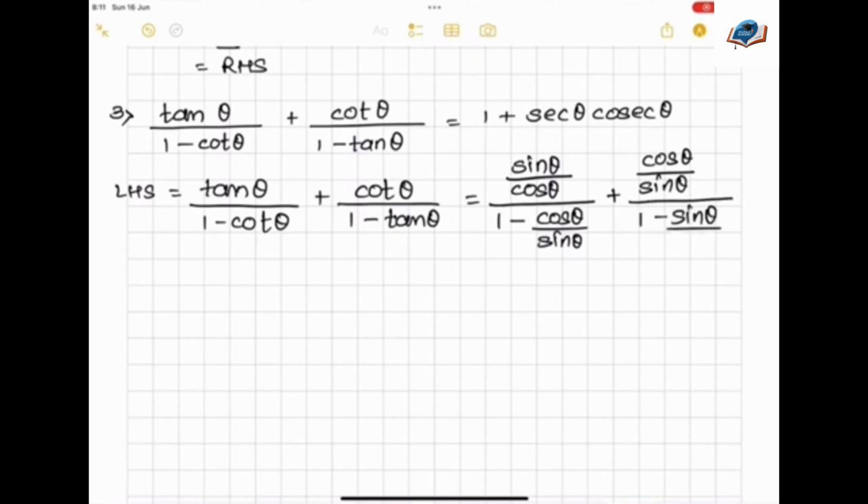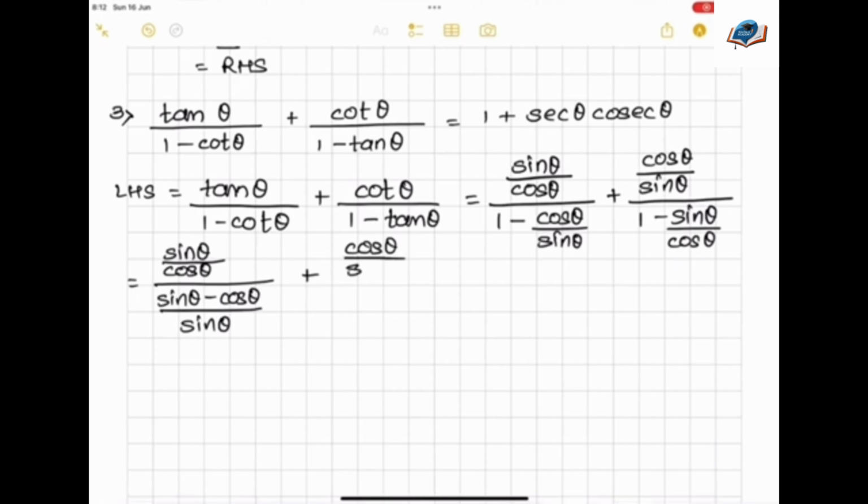Now doing the LCM in both the denominators. So I will get sin theta upon cos theta whole upon sin theta minus cos theta, plus cos theta upon sin theta whole upon cos theta minus sin theta whole upon cos theta.